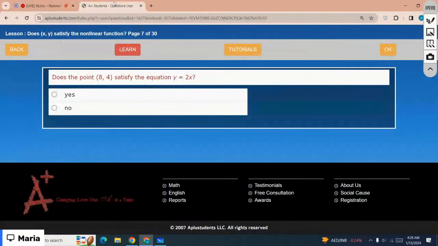Okay, the next one is, does the point 8 4 satisfy the equation? Which is the correct option?